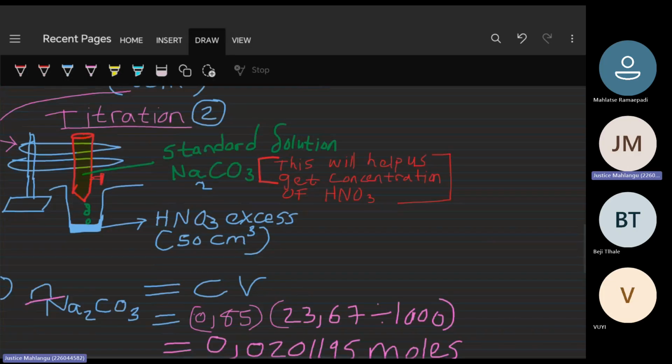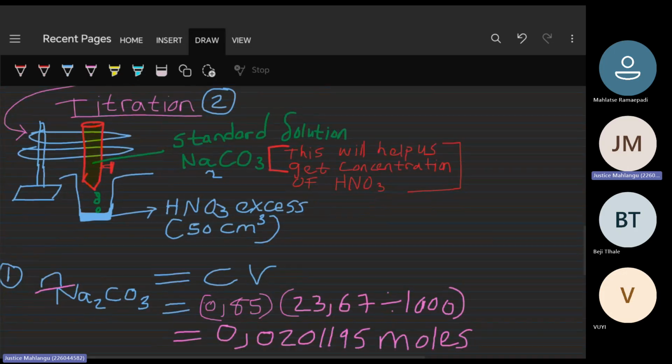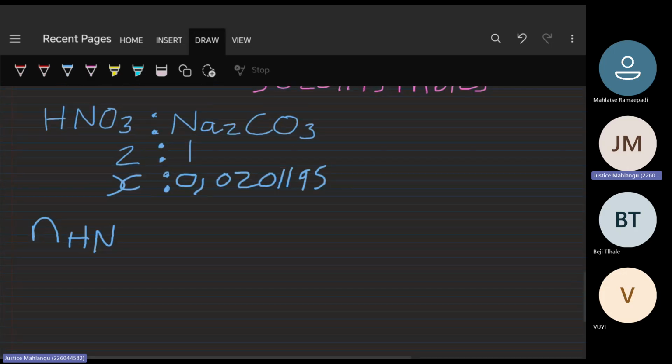The HNO3 doesn't have a known concentration, so we want to get it. The standard solution here is the sodium carbonate. It's going to help us get the concentration of the nitric acid. That is what we call titration.